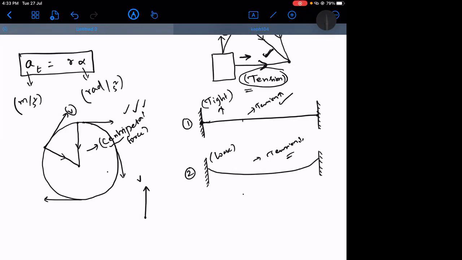But to the same car, if you tie a string, and your friend is sitting here holding the string, and you have the remote control in your hand and you're trying to give the velocity in the forward direction, the car will tend to move in the forward direction.